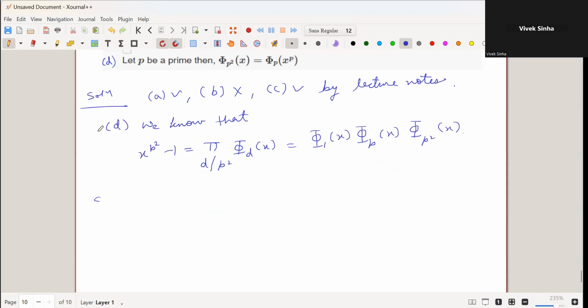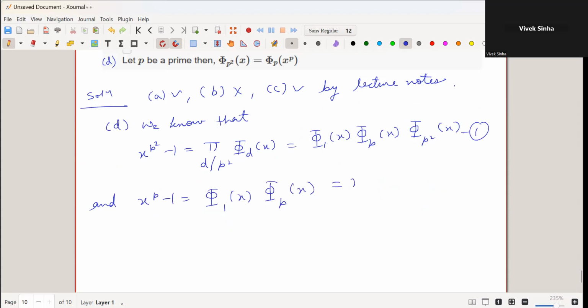Now give it 1, and for x^p minus 1, if we apply the same thing, then this is phi 1 of x, phi p of x, right?